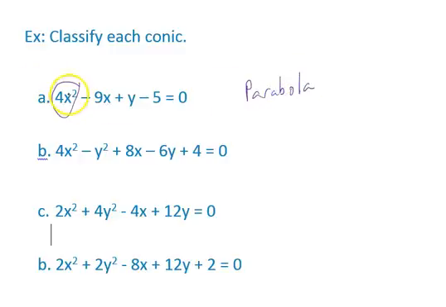The fact that it's x squared tells me that it's a parabola that faces up or down, but right now I'm just identifying. In the second one, I have 4x squared minus a y squared. Because you have a minus in there, one's positive, one's negative, that means you have a hyperbola.